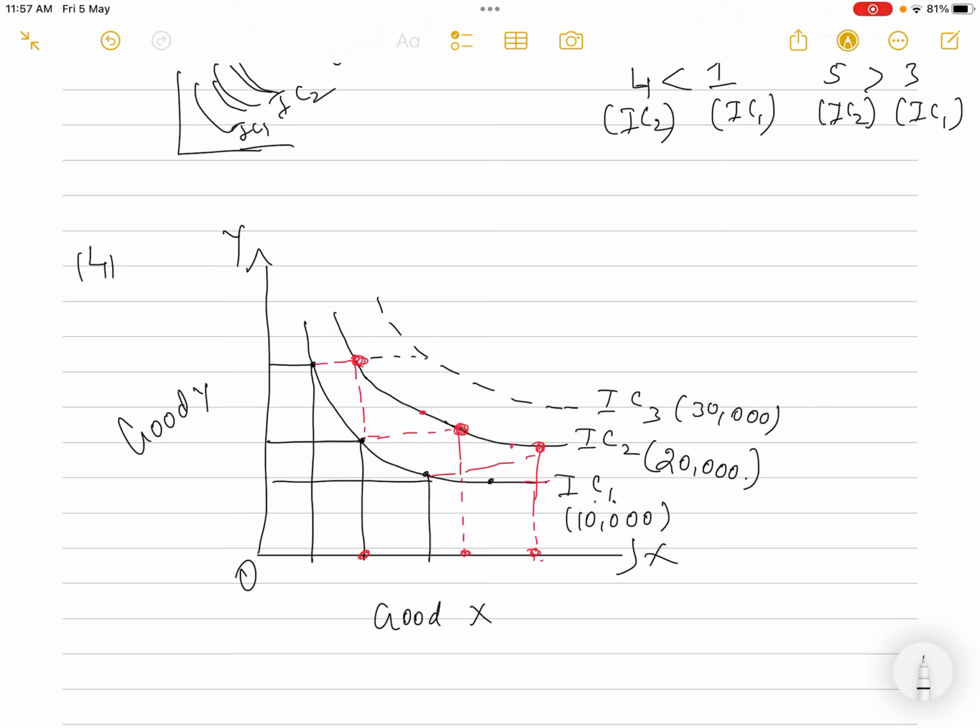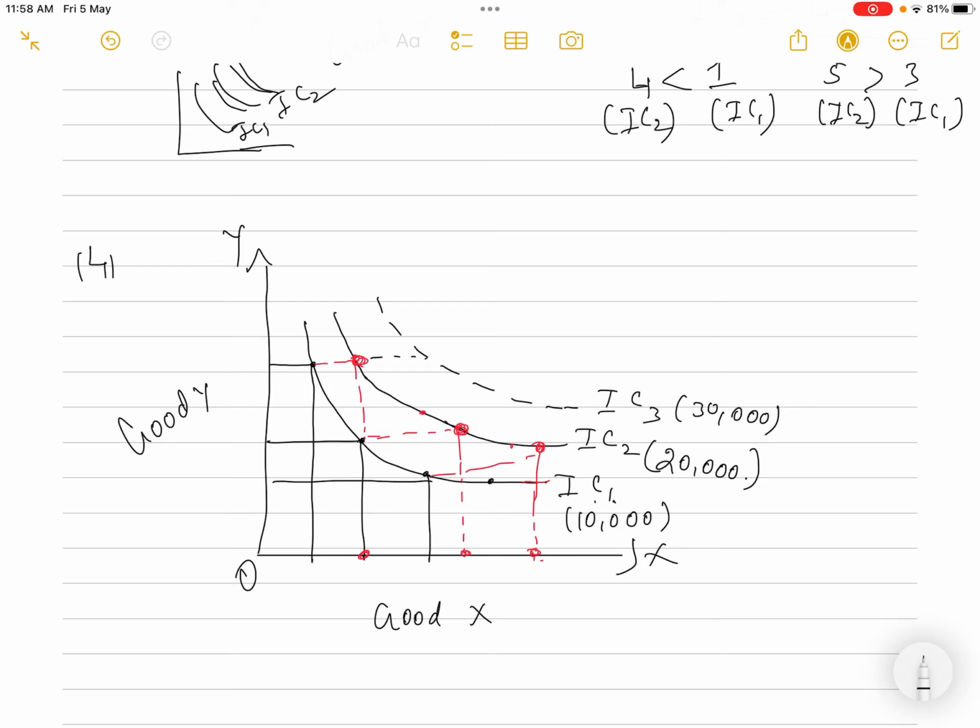That's why a higher indifference curve gives more satisfaction than a lower one, because it gives more quantities of both commodity X and commodity Y. What does a higher indifference curve mean? Any indifference curve on the right-hand side is the higher one. So IC3 is giving more satisfaction than IC2.